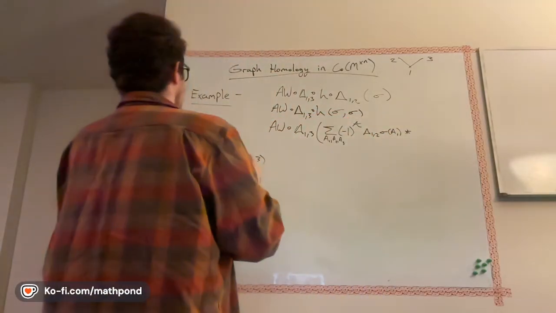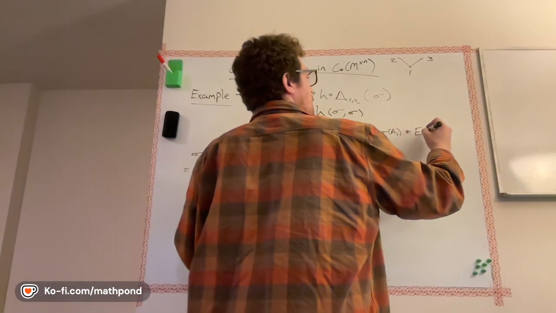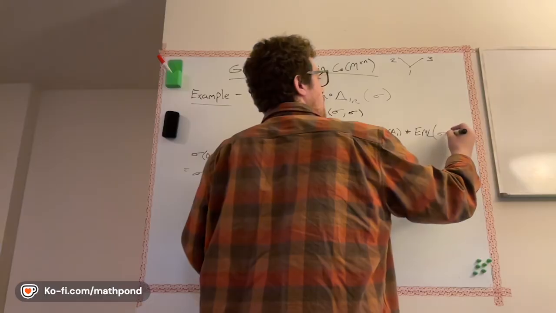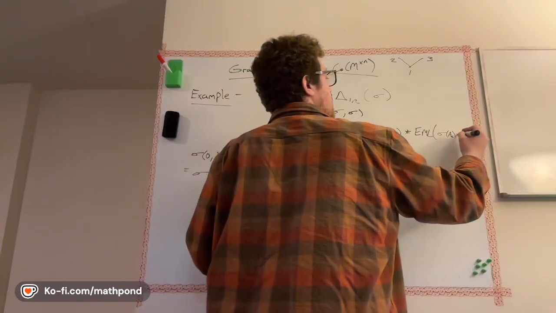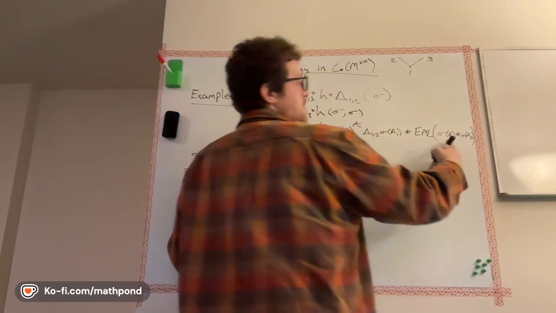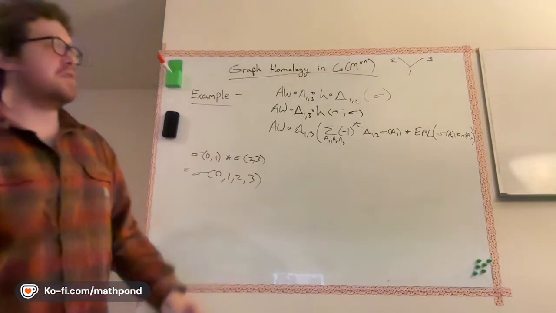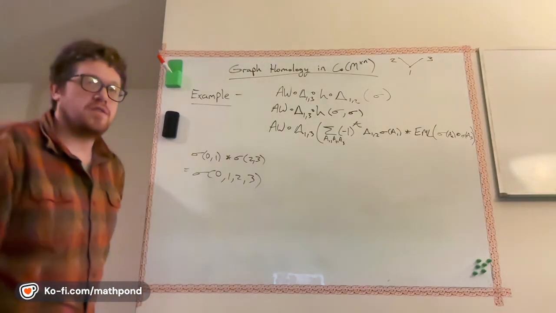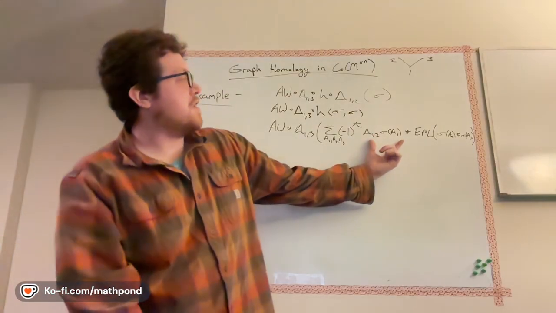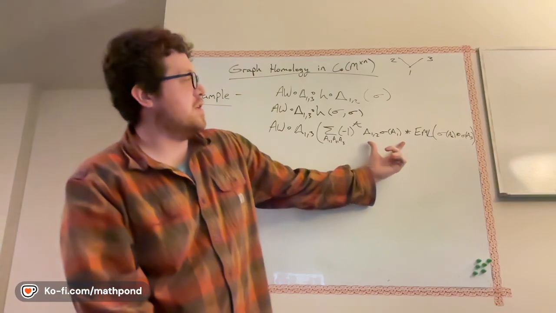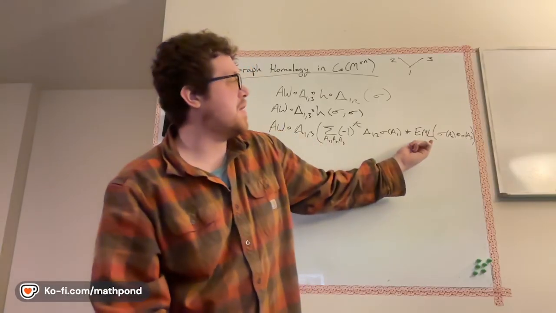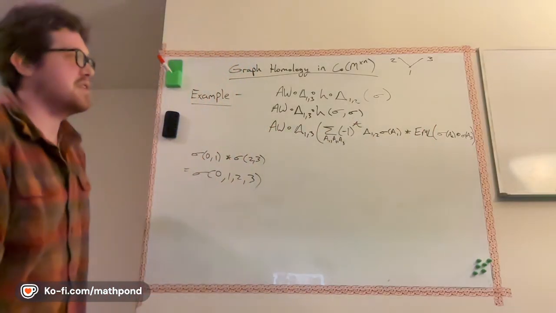Or actually I get an EML of sigma of A2 tensor product with sigma of A3, which is basically the result of AW of the second piece. So we basically do nothing to the first piece, so we get an A1 here still, and then we apply AW to the second piece, and it breaks it into A2 and A3, and then we apply EML to go back into the Cartesian product.